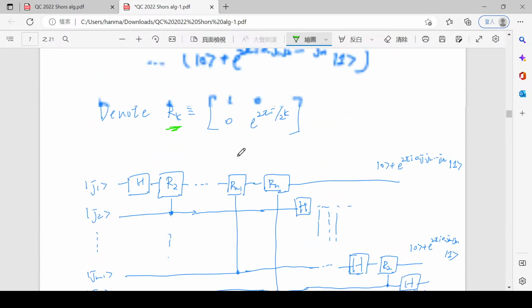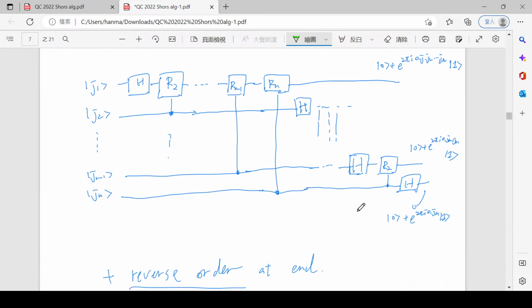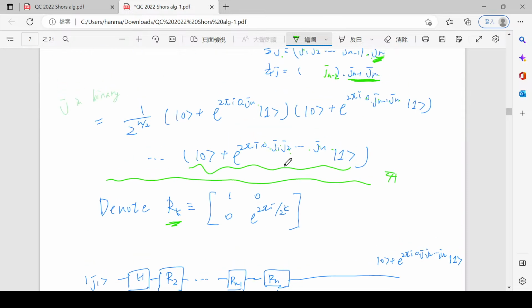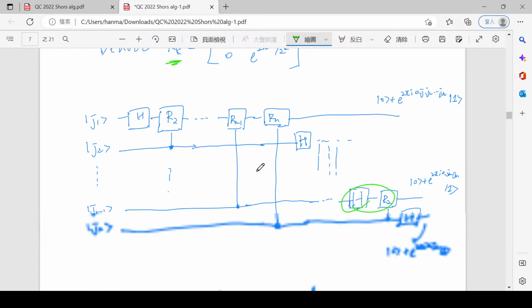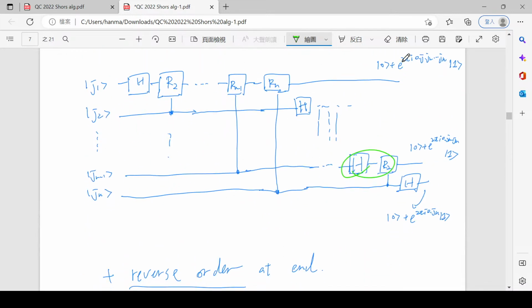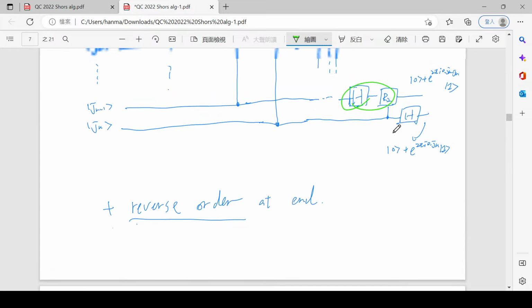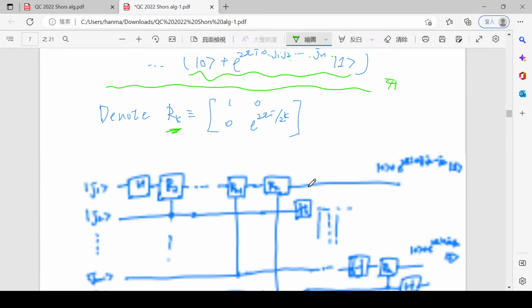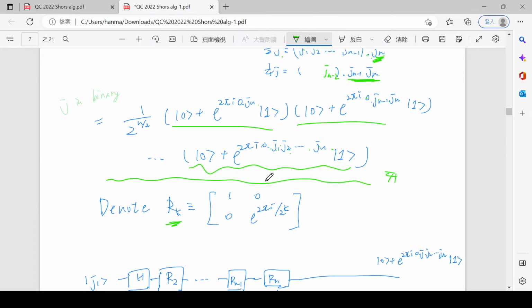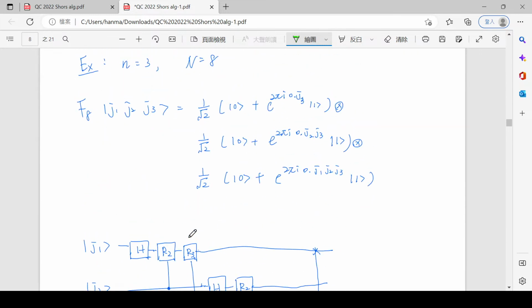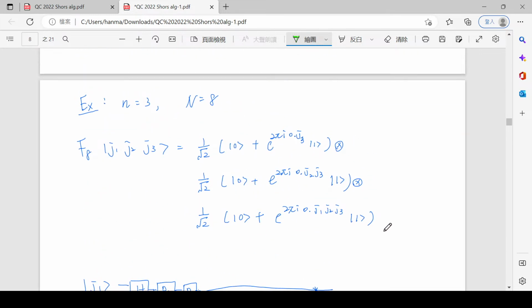And then you do this one qubit by one qubit until the end, where you have those two things give you this state, and that thing gives you this state, and then you will reverse the order at the end, so the order matches up. Okay, we'll give a bit more formal proof of this, but for now let's see this in a smaller example. Maybe it will be easier.